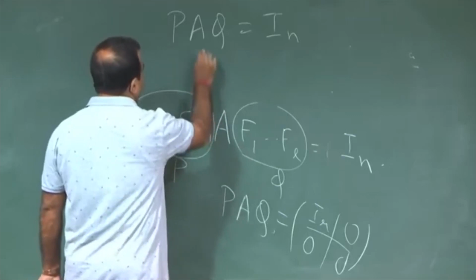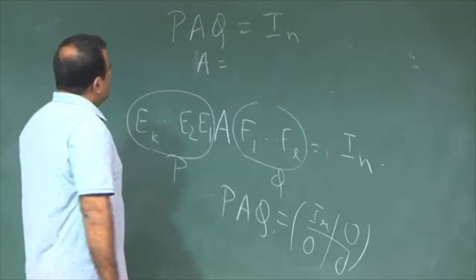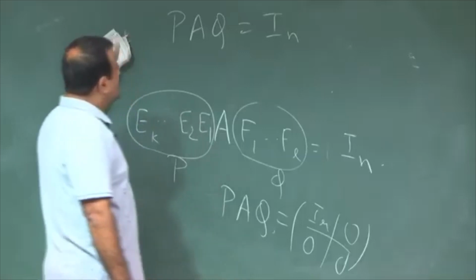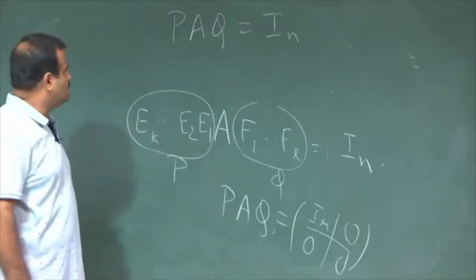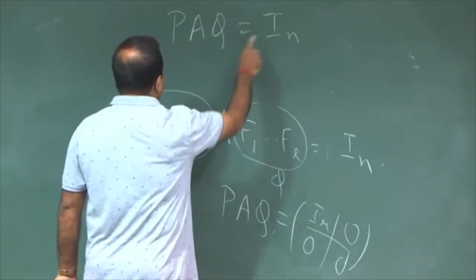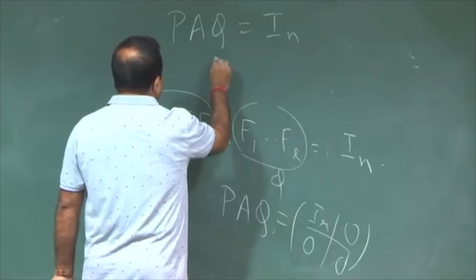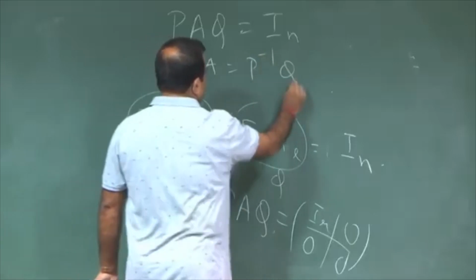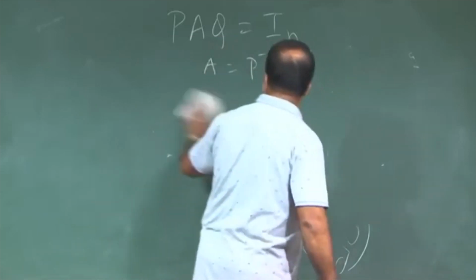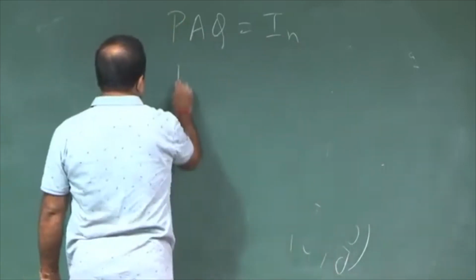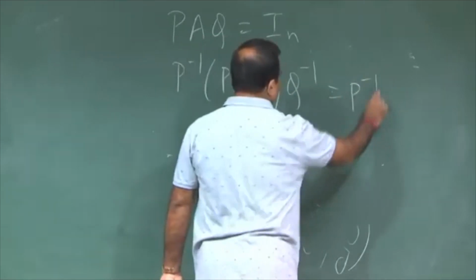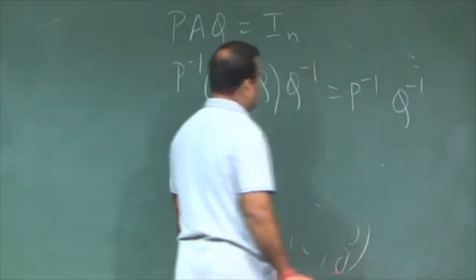So, actually we want to get the inverse of A. So, A inverse is nothing but if you multiply by P inverse on this side, so A is nothing but P inverse Q inverse, because if we multiply both sides by P inverse and Q inverse, from PAQ, this is P inverse Q inverse, because that is the identity matrix.